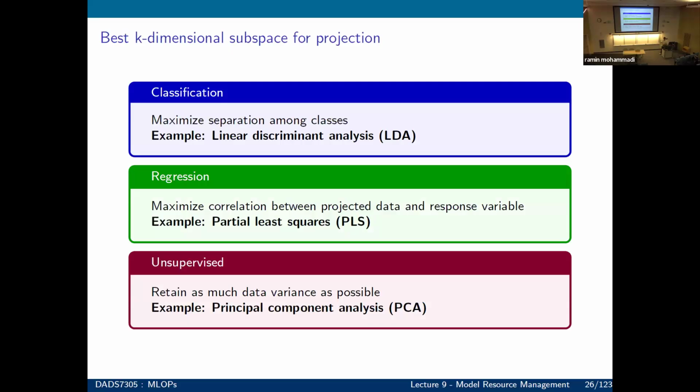So there are other linear dimensional reduction techniques. The first one is linear discriminant analysis, LDA, which by default is a classification technique, right? It's a generative classification technique. What it does is focus on maximizing the separation between classes by assigning low, almost zero weights to the dimensions that are not important.